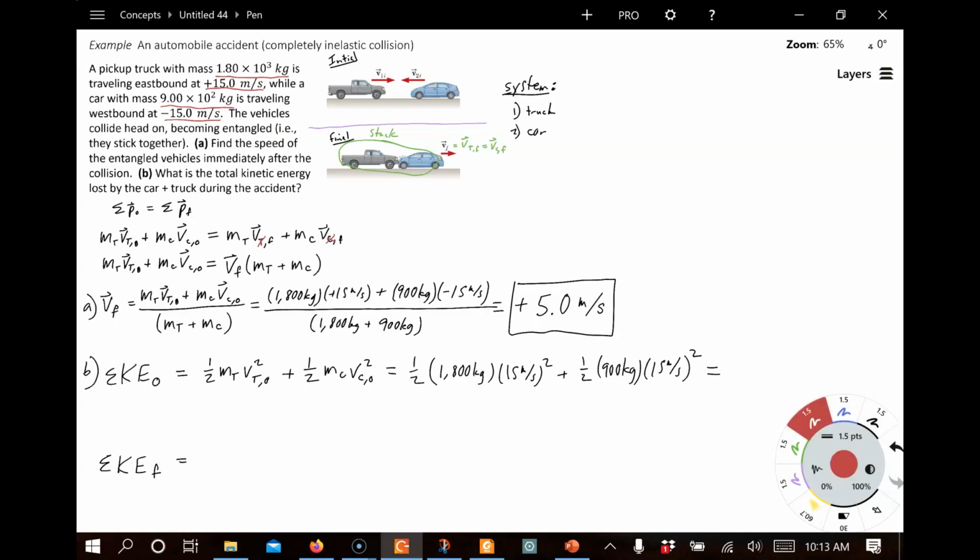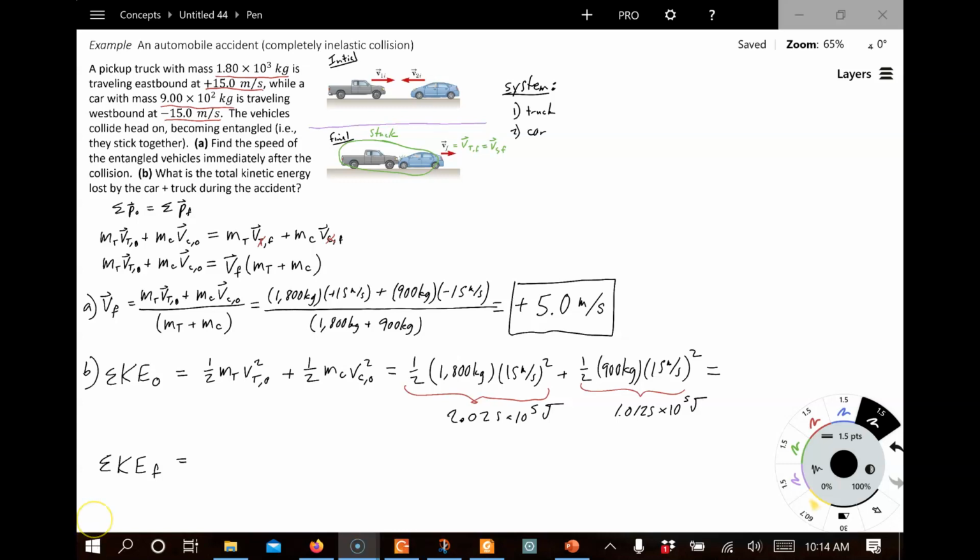So I've added the numbers there, and when we plug this term and this term into our calculator, we get these values: 2.025 times 10 to the 5th joules for the truck, and a smaller amount, 1.0125 times 10 to the 5th joules for the car. And adding those together, we get a total initial kinetic energy of 3.0375 times 10 to the 5th joules.